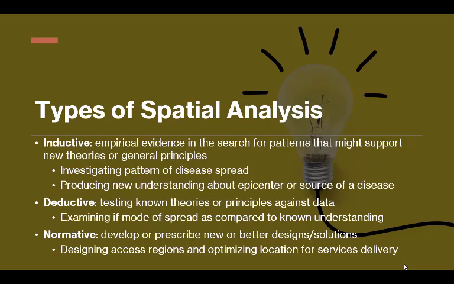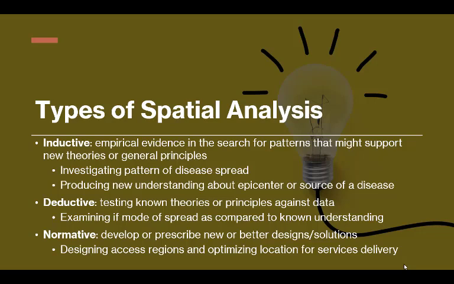Or I might be looking at creating a new understanding about where is the source of this disease. Because if I trace the spread over time, it can link me back to where the disease started. So this is an aspect of inductive spatial analysis.